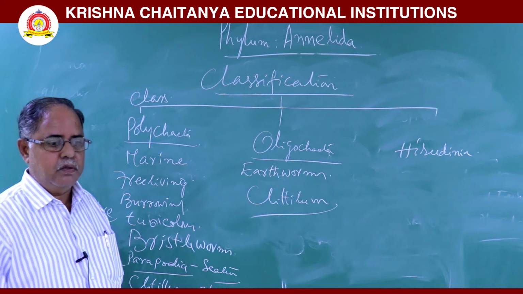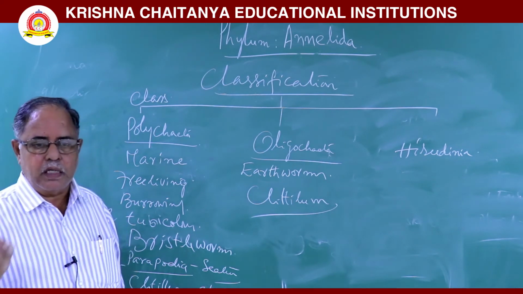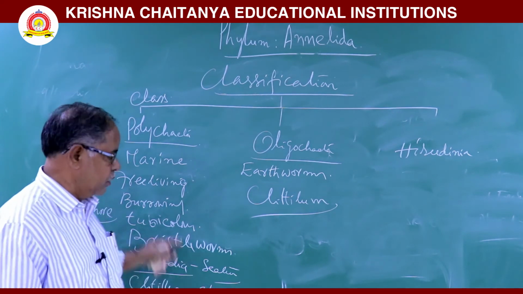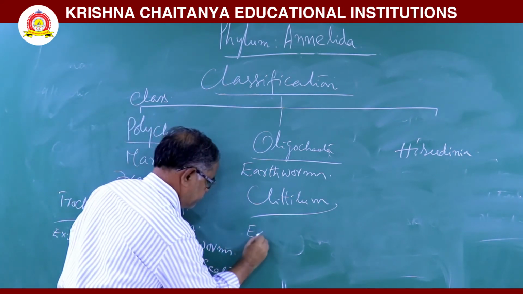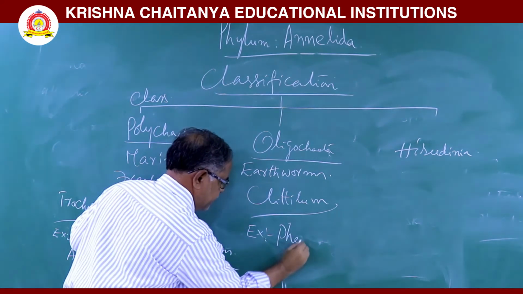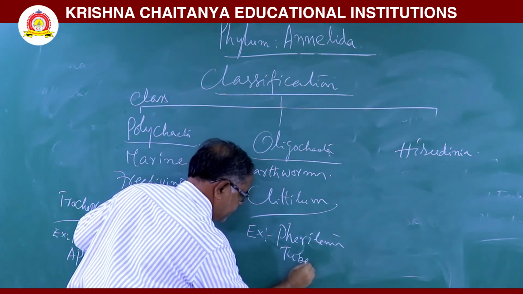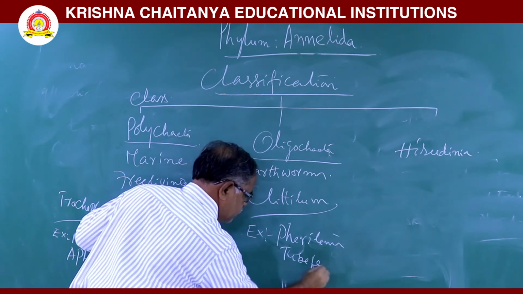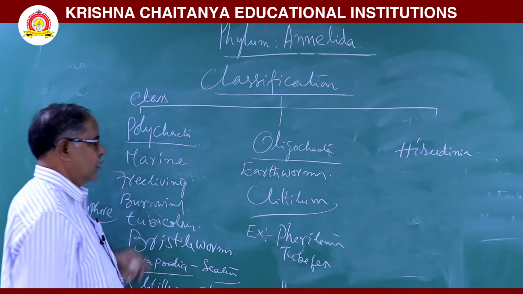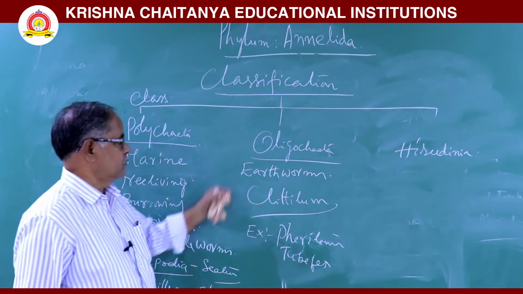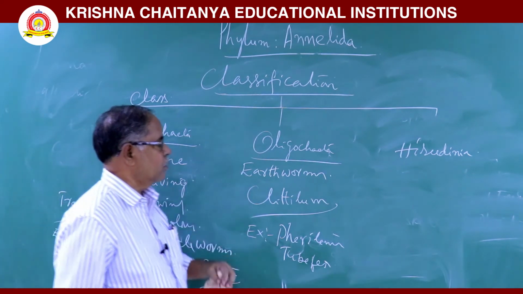That means during developmental stages, no larval form is seen here. Next example, Pheretima and tubifex. These are some general characters of Oligochaeta.